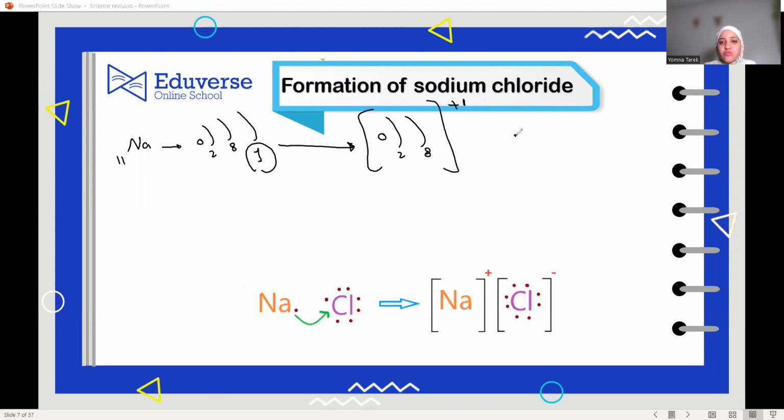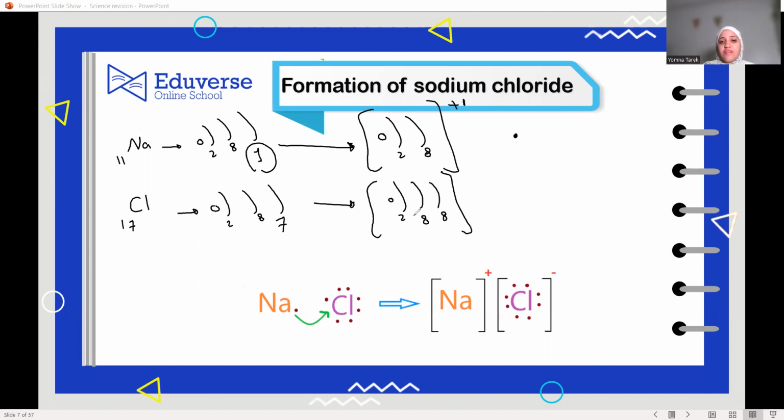So there is an electron here that's lost by the sodium. What about chlorine? It's Cl 17. So 2, 8, 7. So it will gain an electron. So now it's 2, 8, 8, and here it's a negative ion.